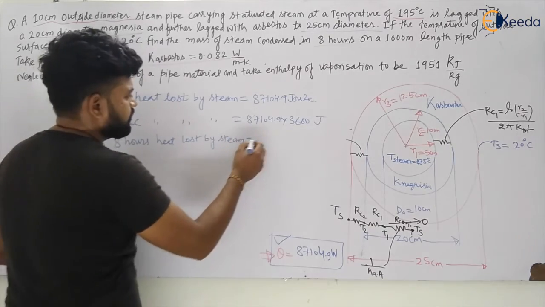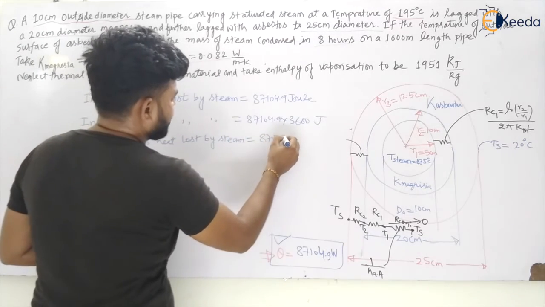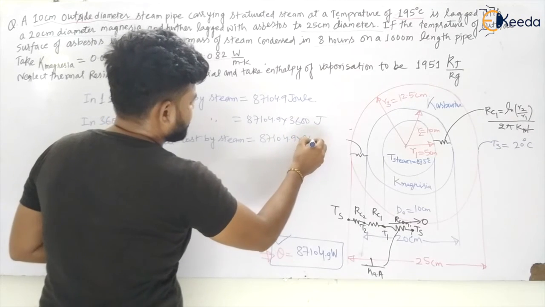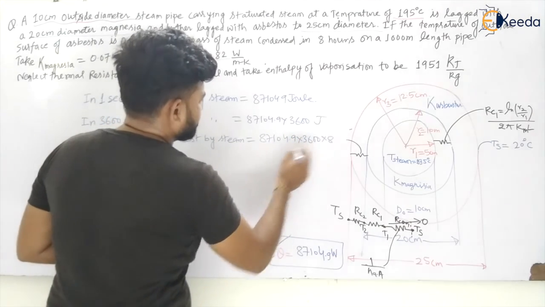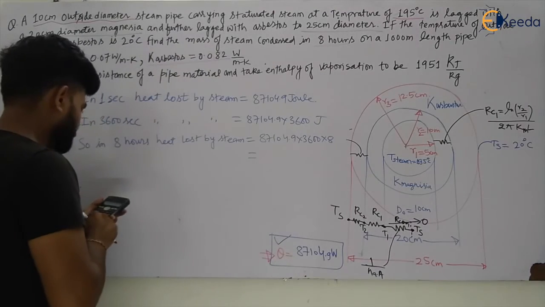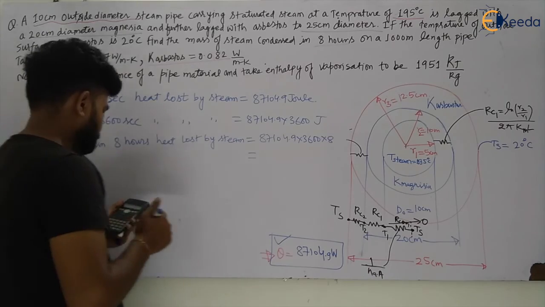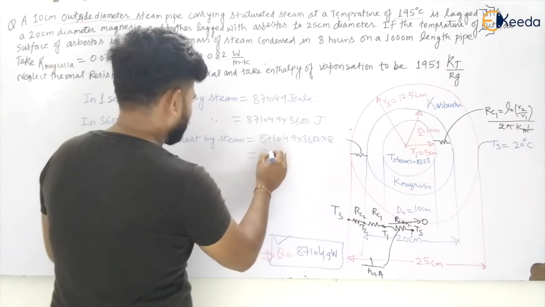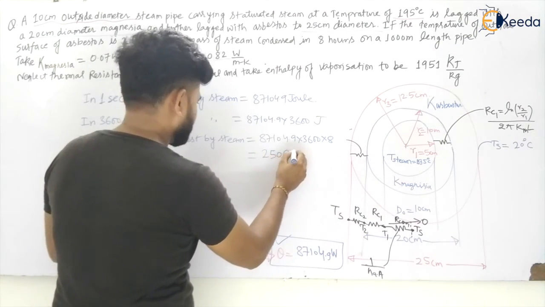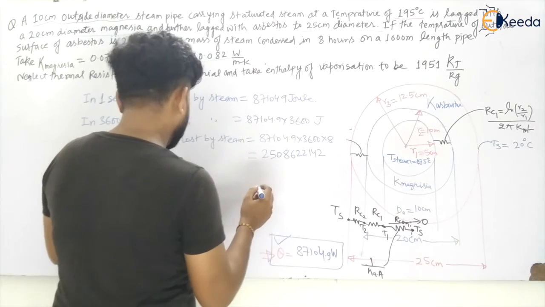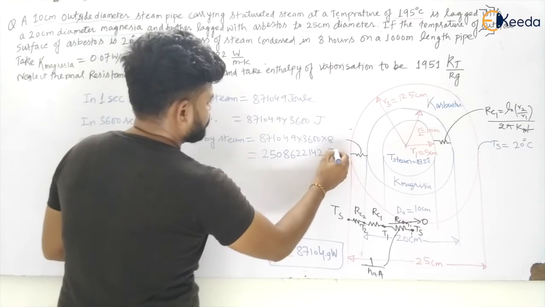So this will be your 104.9 into 3600 into 8. So let us calculate it. This will be 3600 into 8. So this will be 250,862.142. Okay, joule, my dear students.